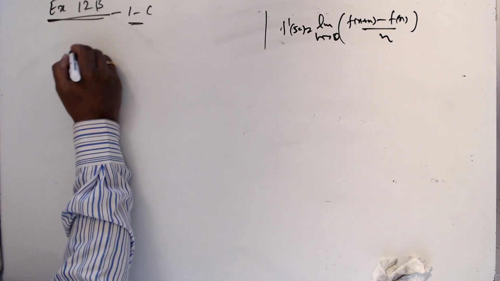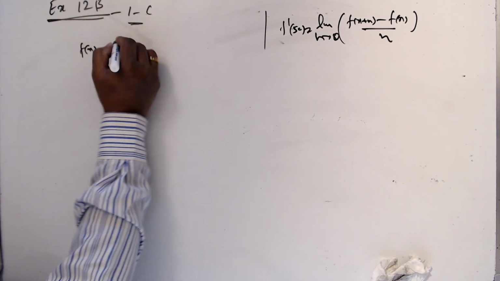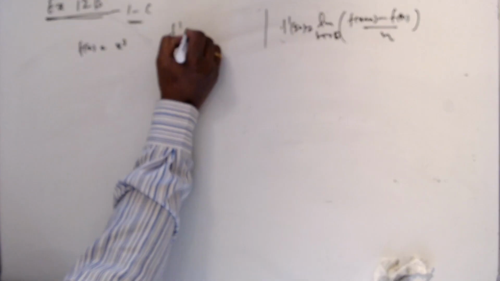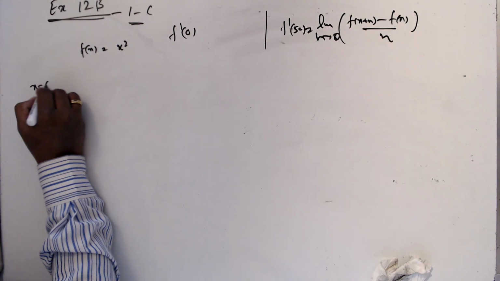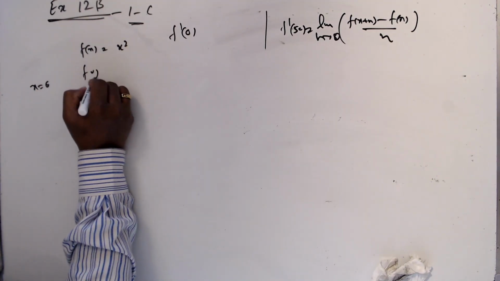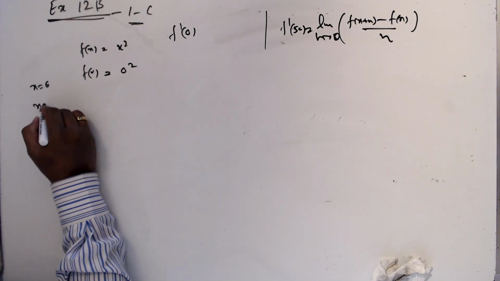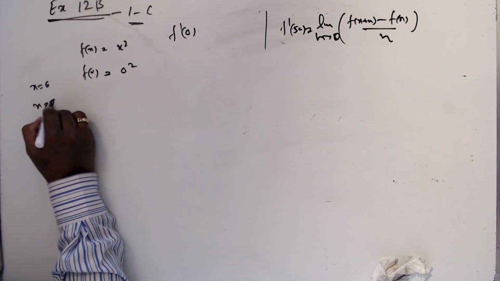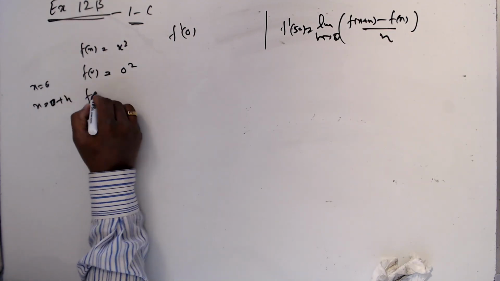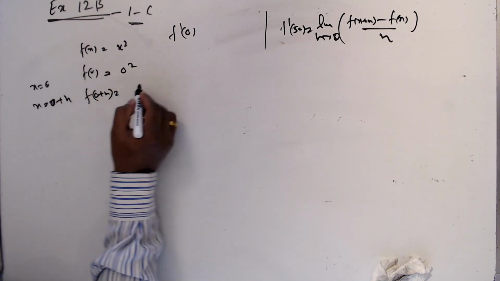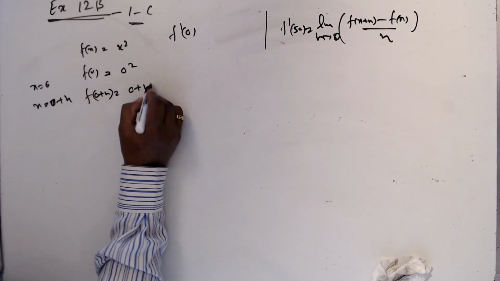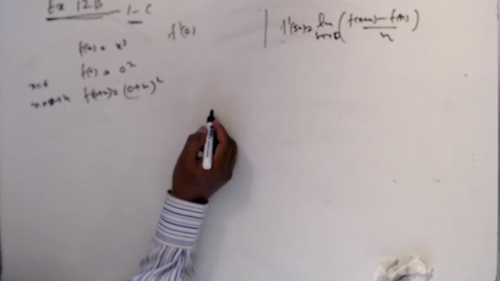Now f(x) equals x square, and you want to find f dash 0. When x equals 0, f(0) is 0 square. When x equals 0 plus h, f(0 plus h) is (0 plus h) square.